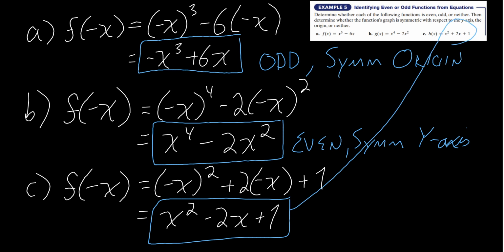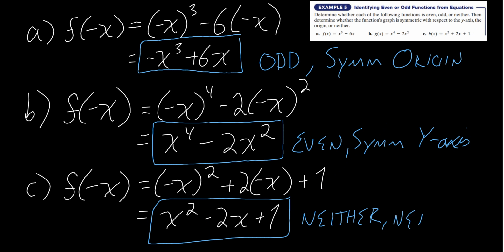No, because I have a negative 2x down here and a positive 2x in my original equation. Is it the exact negative? No, it's not, because the x squared and 1 are both the same. So it is neither even nor odd. Okay, so we would say that it is neither.